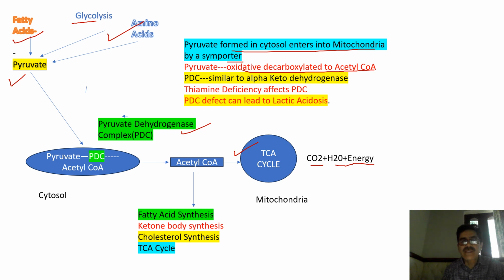Now the TCA cycle, you remember, takes place within the mitochondria. Excess acetyl coenzyme A is also obtained from fatty acid synthesis. It is also used for ketone body synthesis, it is also used for cholesterol synthesis, and it also enters into the TCA cycle.